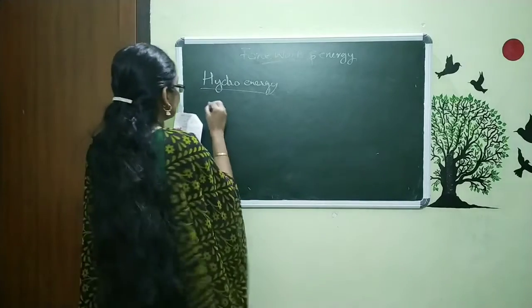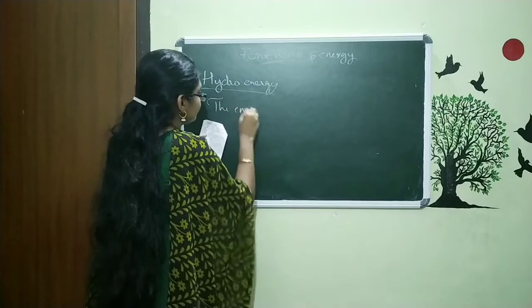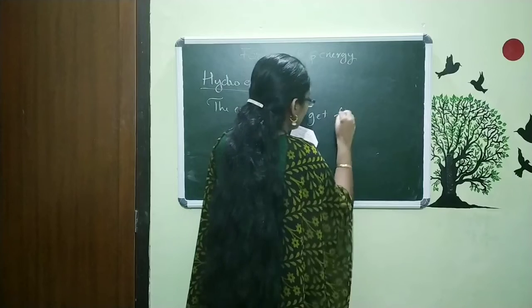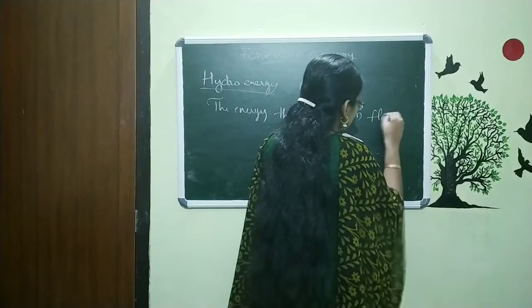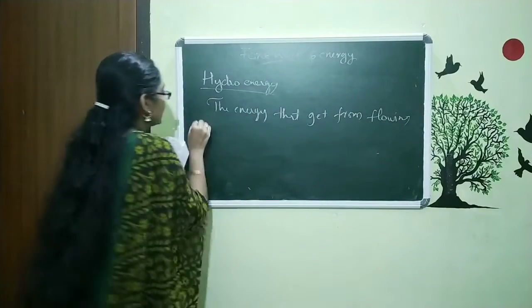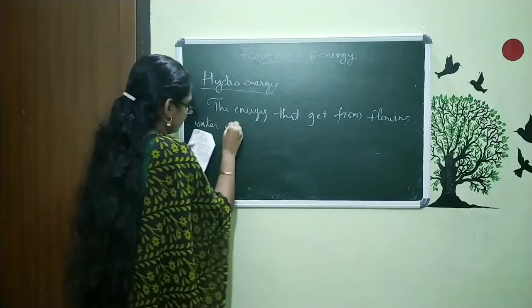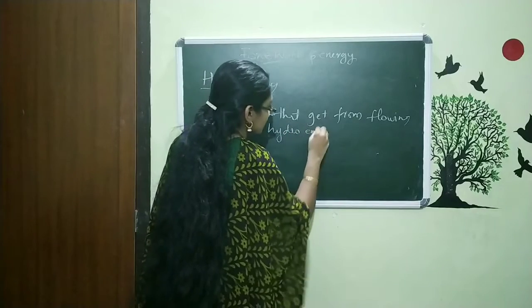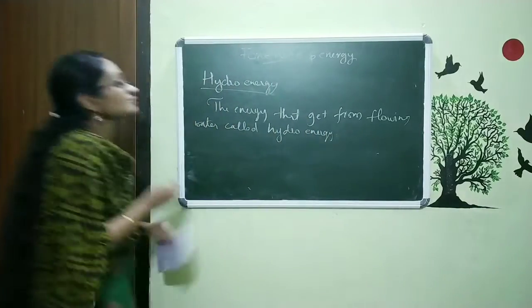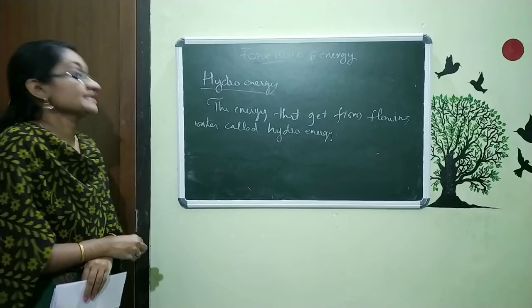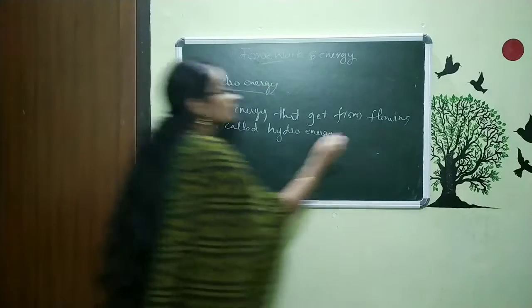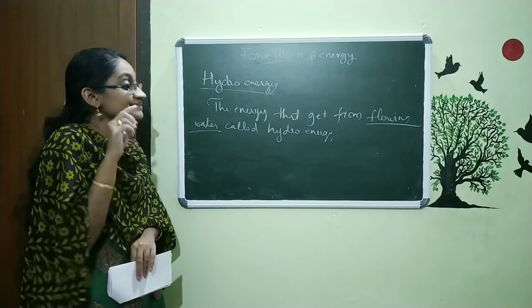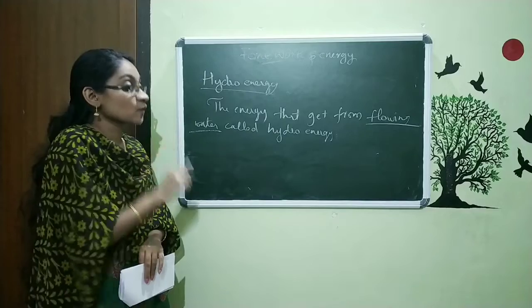So we can write the definition like this: the energy that we get from flowing water is called hydro energy. Flowing water means moving water.